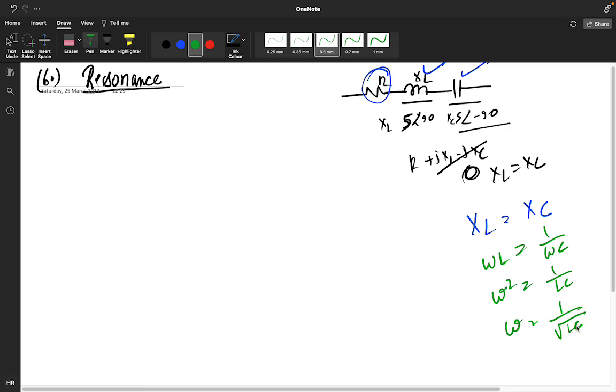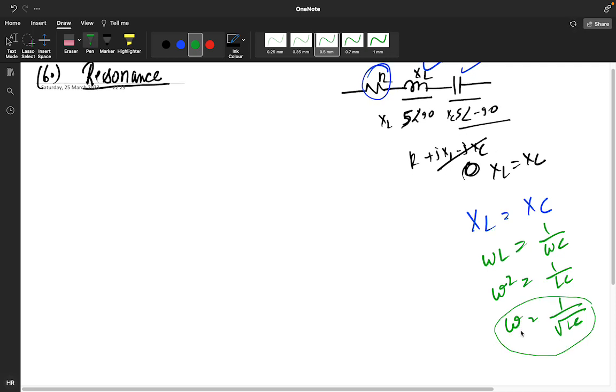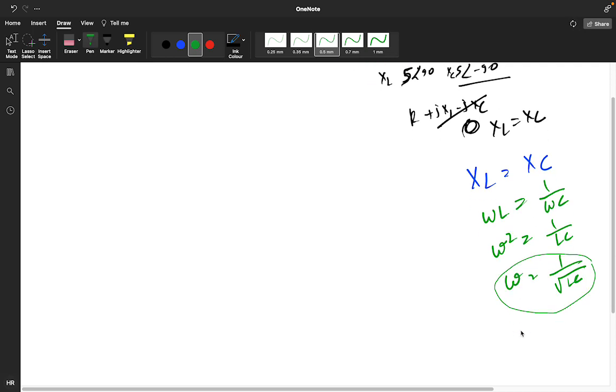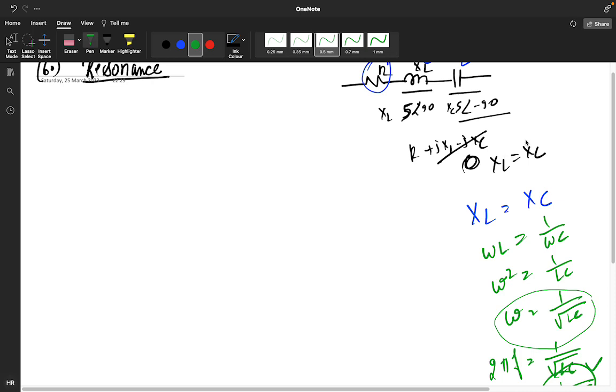Omega is 2 pi f, so the frequency is 1 by 2 pi root under LC.